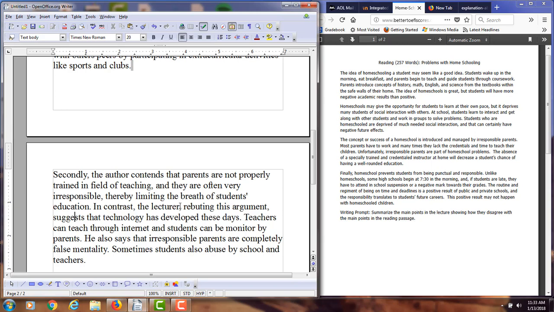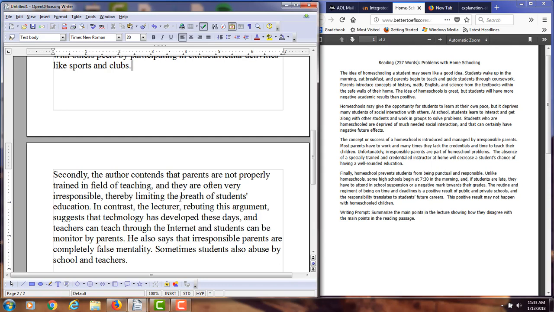In contrast, the lecturer rebutting this argument suggests that technology has developed these days and teachers can teach through the internet.